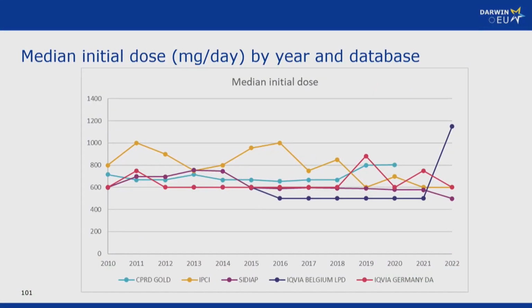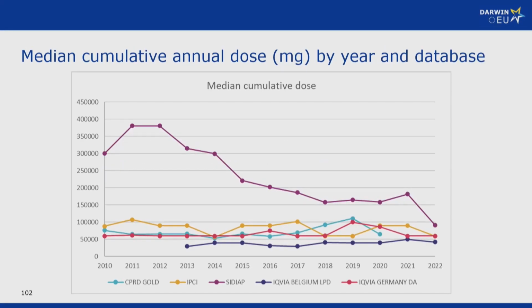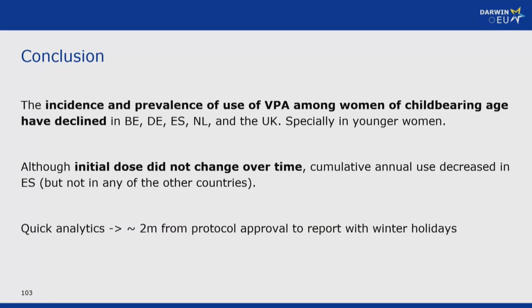And then we saw that the initial dose, another thing we checked, was pretty constant over time for these patients. And then the cumulative dose was mostly constant, except in SIDIAP, where it started high and then went down.